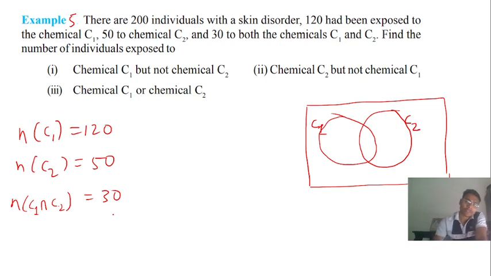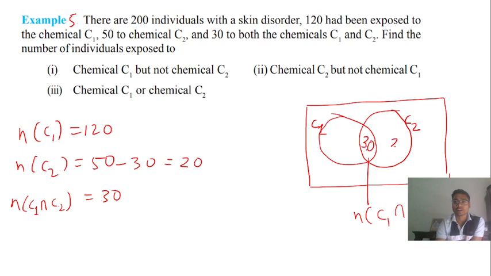Firstly we fill the intersection area: the number of patients exposed to both chemical 1 and chemical 2 is 30. If I remove 30 from chemical 2, how much are we left with? We are left with 20, so we write 20 here. If we remove this 30 from the chemical 1 side, we are left with 90, so I write 90 here. Do you get my point?